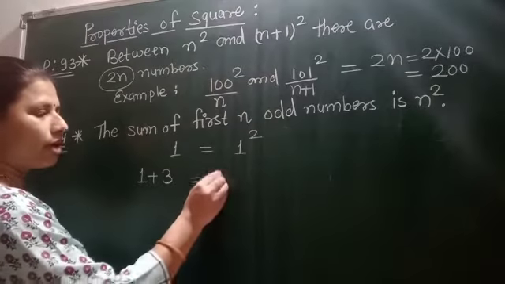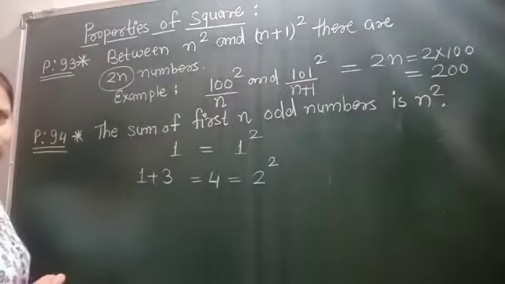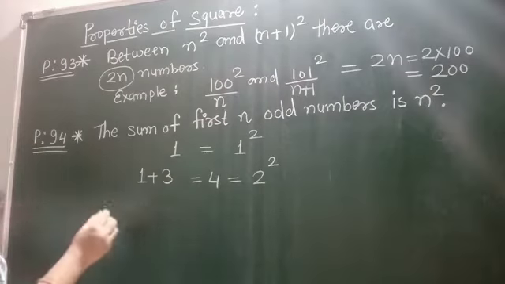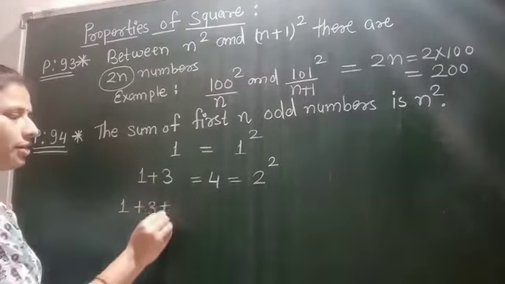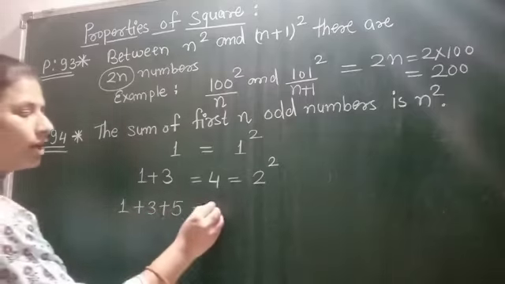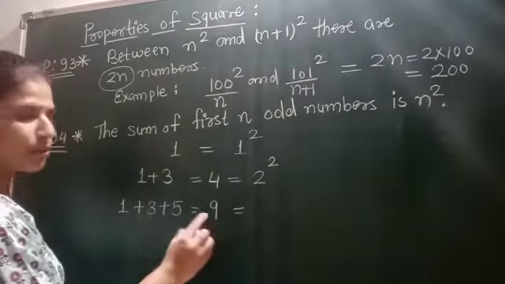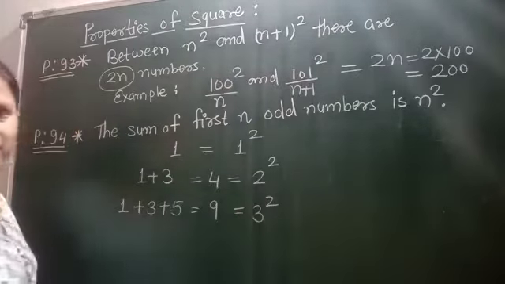We get 4, and 4 can be written as 2 square. If we add one more odd number, let's see what we find: 1 plus 3 plus 5. 3 plus 1 is 4, plus 5 is 9, and we know 9 is the square of 3. So 9 can be written as 3 square.